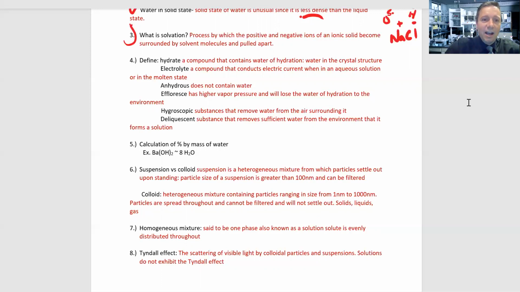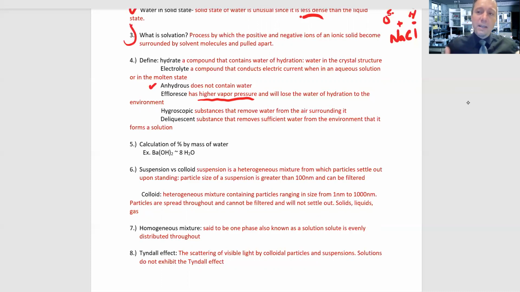Anhydrous. Anhydrous right here, that is a substance that does not contain water in its chemical structure. So that's anhydrous. A lot of organic compounds are anhydrous. Efflorescence. We talked about this term and we had some bell work activities with these terms in it as well. So efflorescence means the substance has a high vapor pressure.